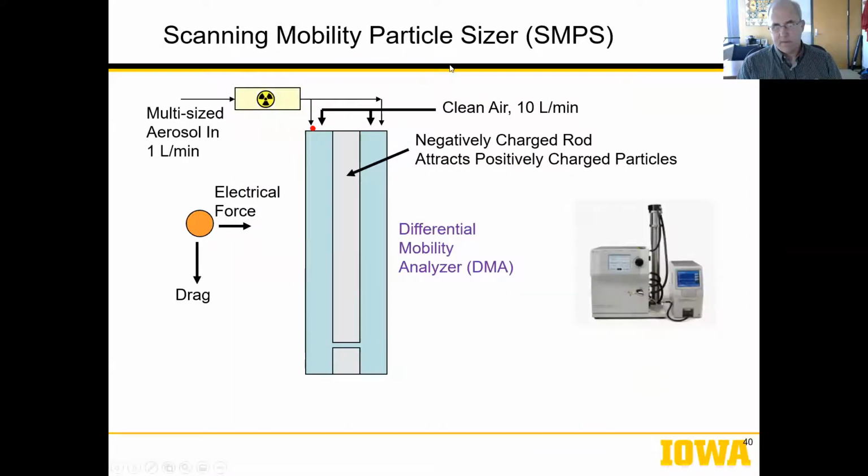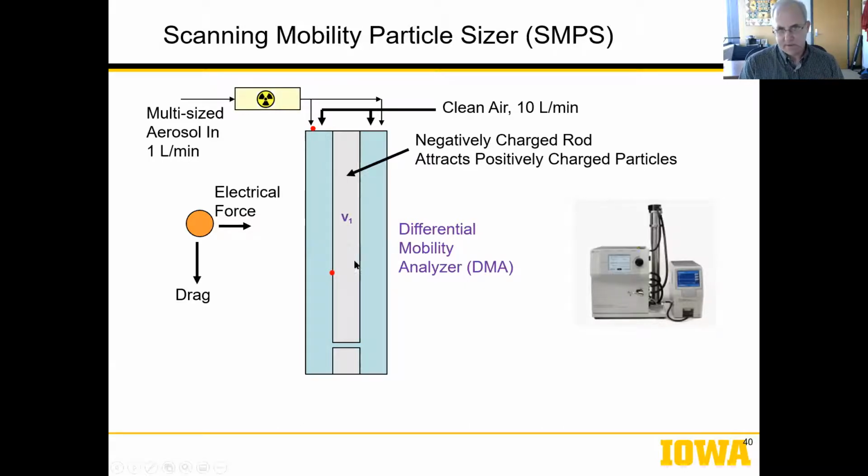Well, it starts off with this long tube, and it's got a rod in the middle on which a voltage can be induced. And so there's a play between what's called the drag force on the aerosol going down through this column and the electrical force attracting it to the rod. So if I go to 1 voltage, a particle isn't going to make it.